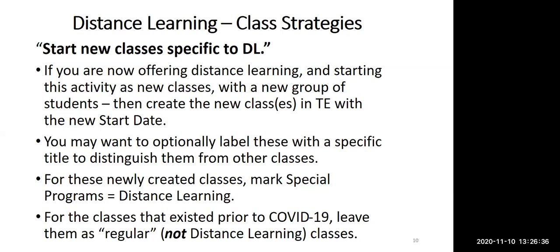Now you're looking at some that might be doing in person and doing it a little bit differently. So you have that same issue where you need to do a little extra work calculating the 50% rule, but instead of itemizing out the distance learning, you're itemizing out the quote unquote regular instruction in this case, because the regular instruction is probably going to be the exception now, not the rule.